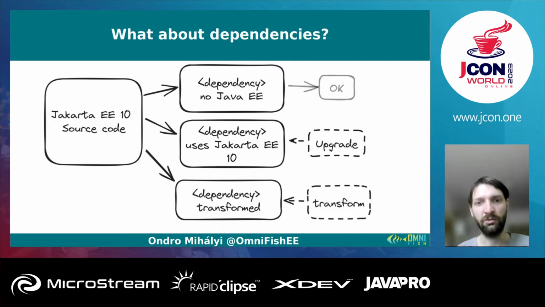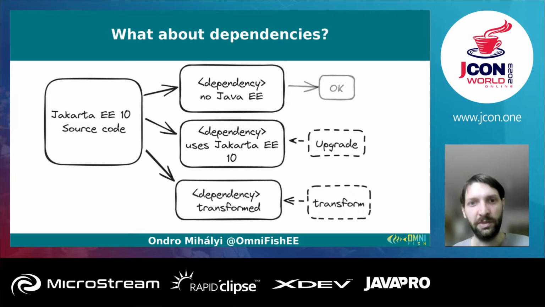So basically, the end result usually would be combining both approaches: transform the source code and also transform some dependencies. For a lot of dependencies, you can just upgrade them to use Jakarta EE 10, as I did with PrimeFaces already. So that will be the easiest approach. Unless the dependency doesn't use Java EE at all, then you can just keep it there.